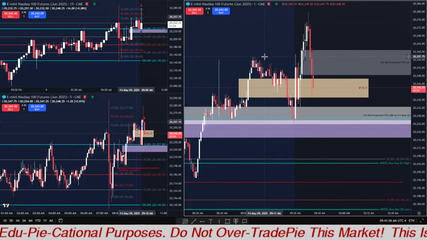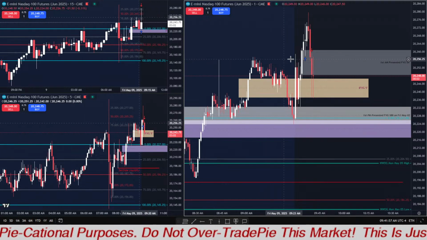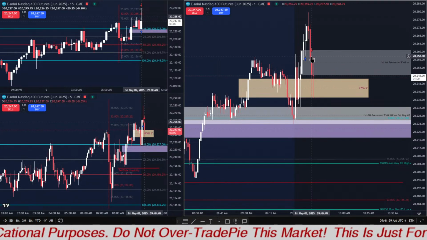We had a wick above the consequent encroachment into this volume imbalance over here.